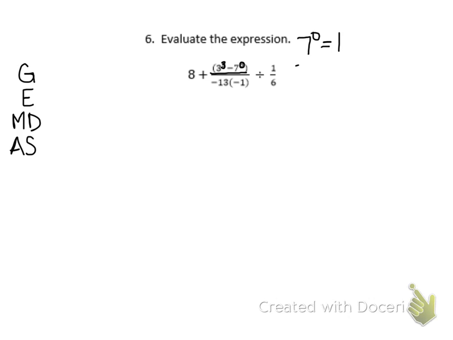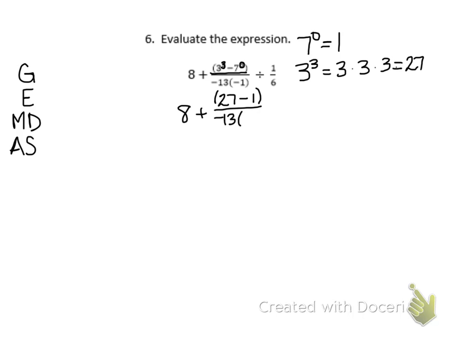So now I need to find out what is 3 cubed. So this means 3 times 3 times 3, which is equal to 27. So I'm going to rewrite this, 8 plus 27 minus 1 over negative 13 times negative 1 divided by 1/6.